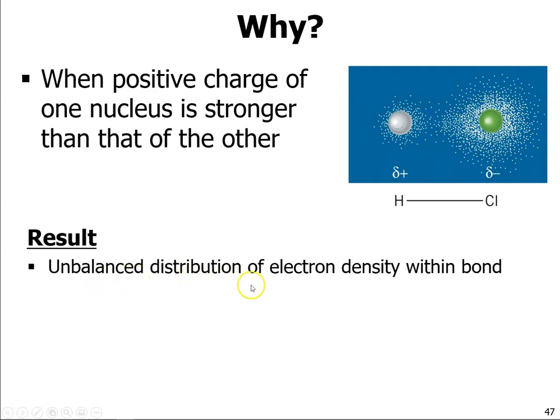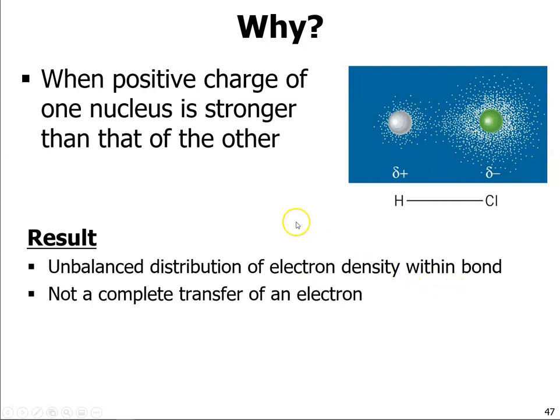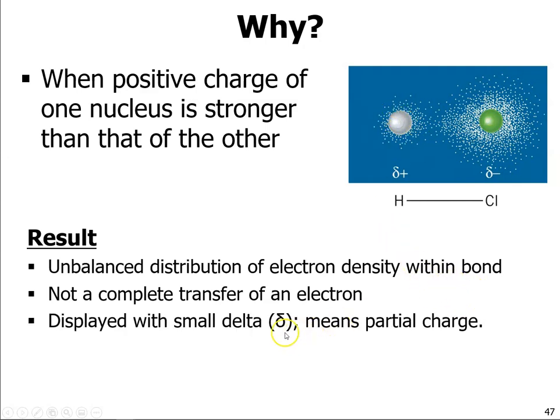That unbalanced distribution of electron density within a bond gives us what we call polarity. It's not a complete transfer. They're still sharing between these two spaces. It's just they tend to like this element better than the one on the left here. And again, that small lowercase delta means partial charge.